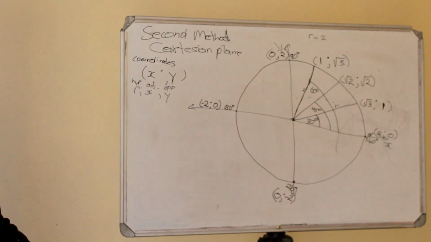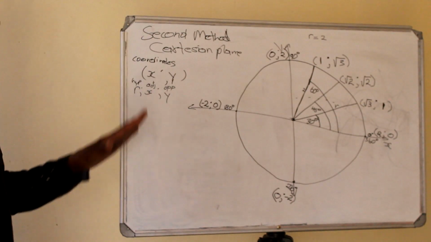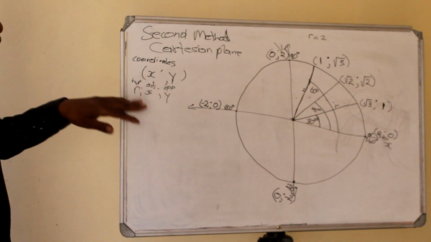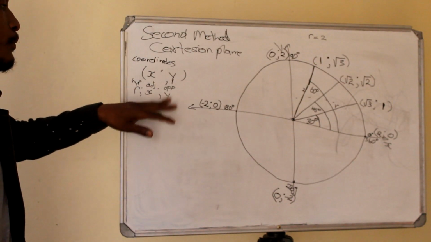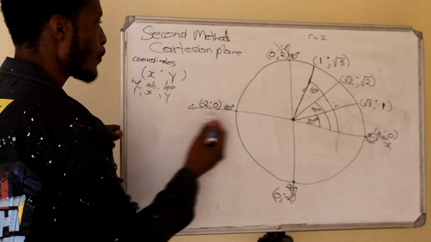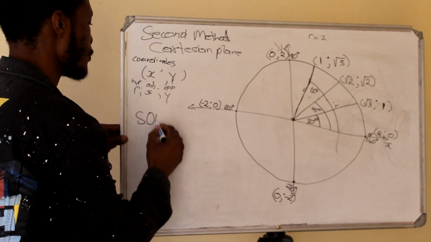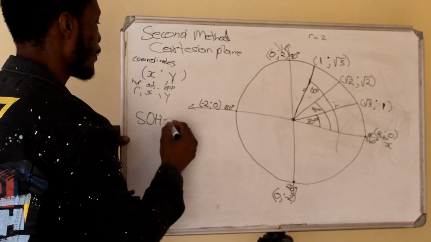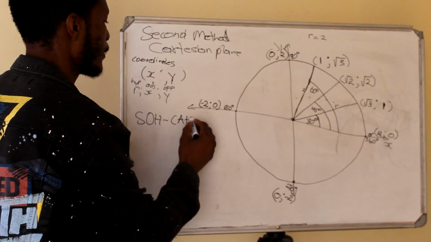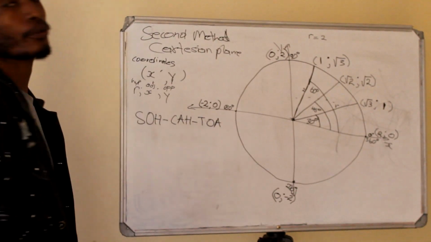Now, if you're going to use this r, x and y, where r is hypotenuse, x is adjacent and y is opposite, you then have a situation where you can use your SOHCAHTOA acronym.